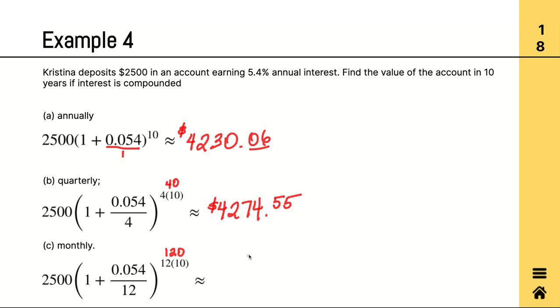I think that's going to be a good thing. This is going to come out to be $4,284.82. So the difference between one compound every year or 12 compounds a year for 10 years turned out to be, in this case, on an initial investment of $2,500, about $54.